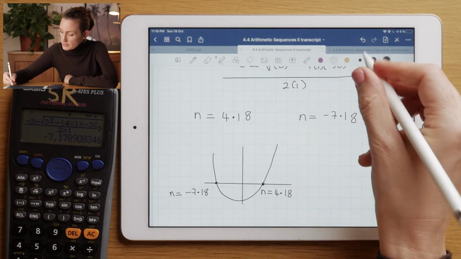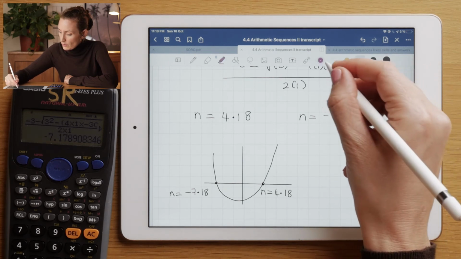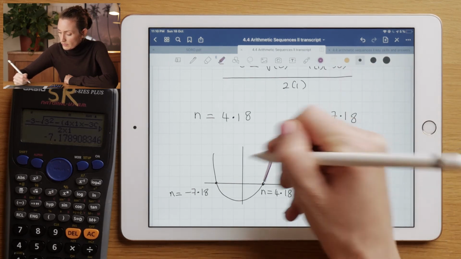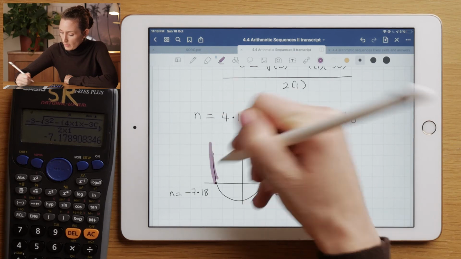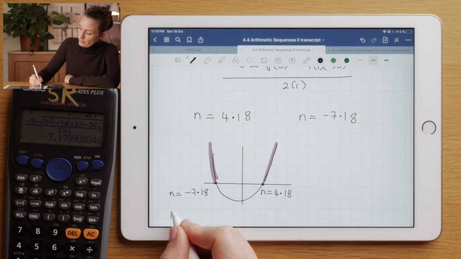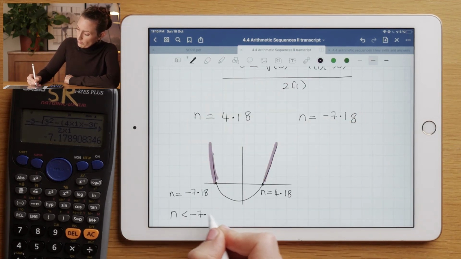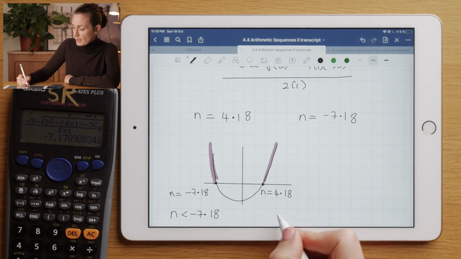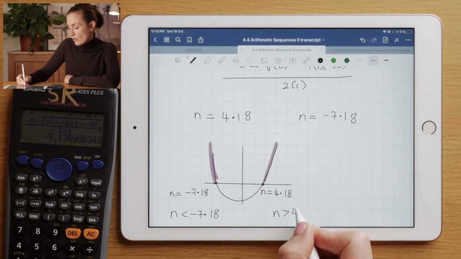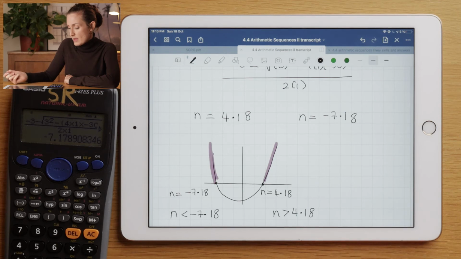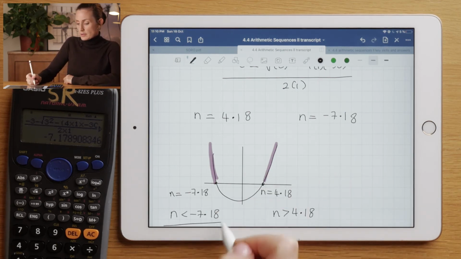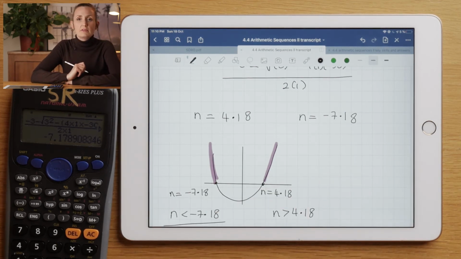Now, the summation will be positive here and here. So it would be positive when n would be less than minus 7.18 and when n is greater than 4.18.